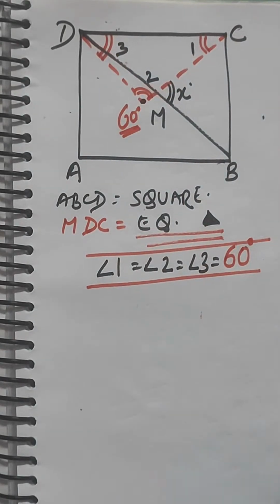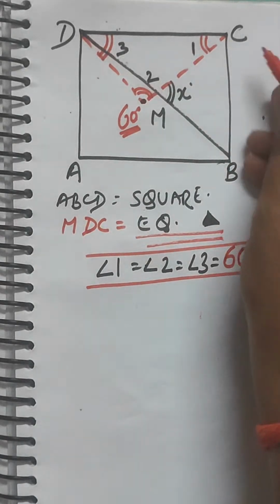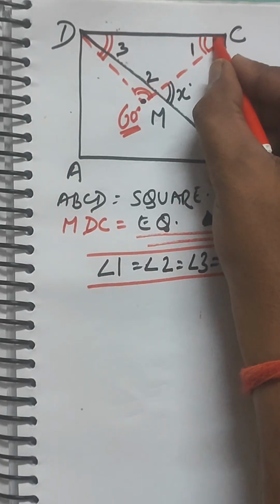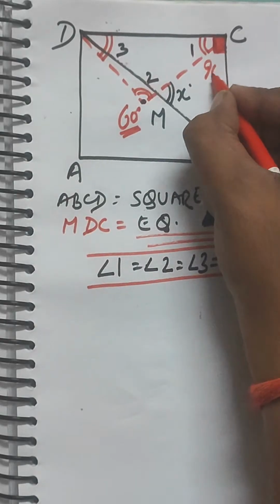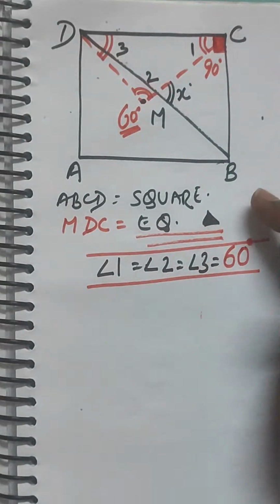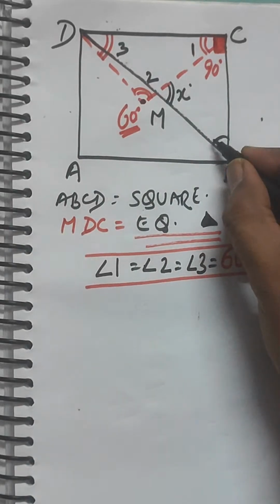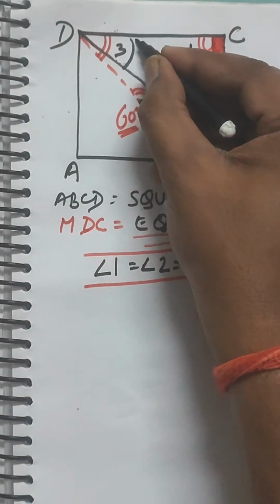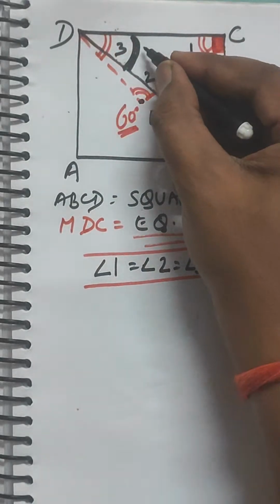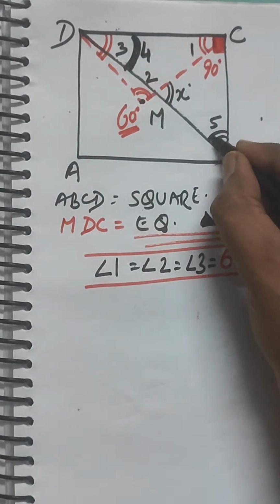Now this is a square. If this is a square, then all the angles at the vertices will be how much? Tell me. 90 degrees, right? If this is 90, then the sum of the remaining two angles here will be 90. Let's say this is angle 4 and this is angle 5.